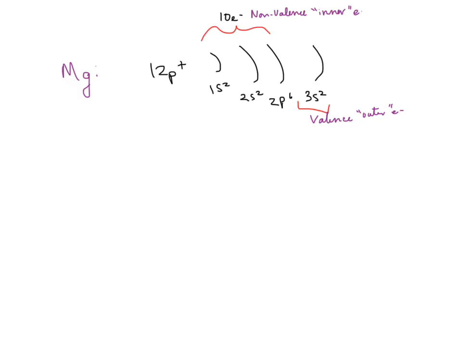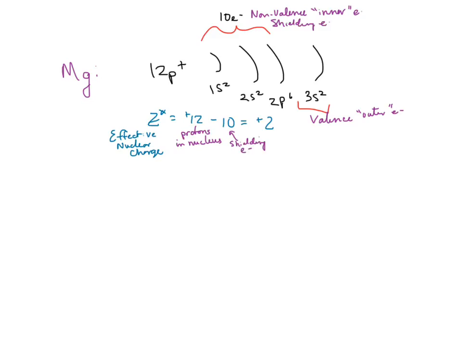Okay. The non-valence electrons, we call them inner electrons, and they shield the nucleus from the valence electrons. So coming up with the effective nuclear charge, Z star, is just a simple subtraction. You take the number of protons, and from that you subtract the number of electrons that are shielding that nucleus, so those would be your non-valence electrons.